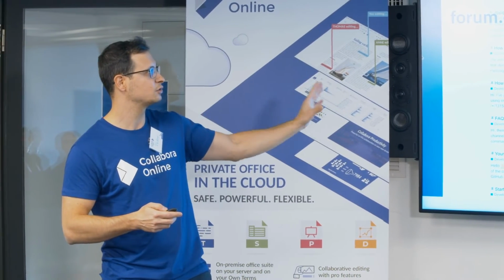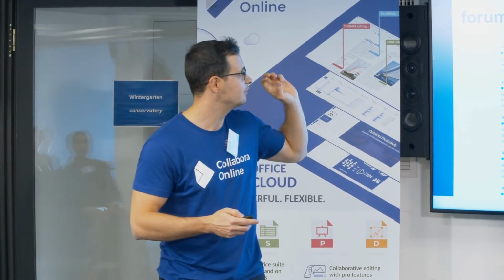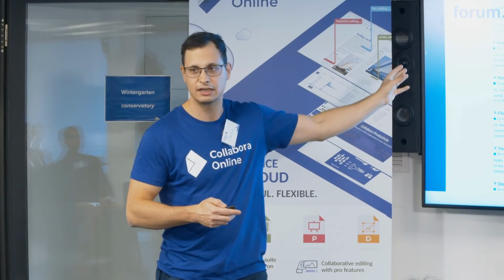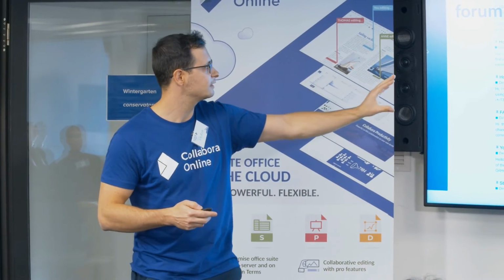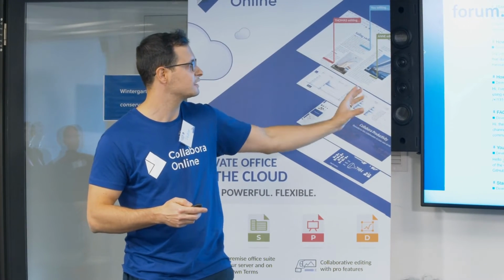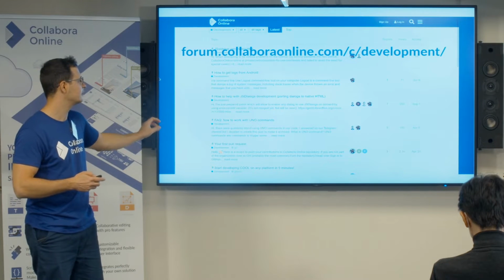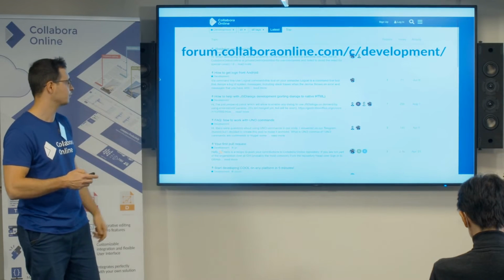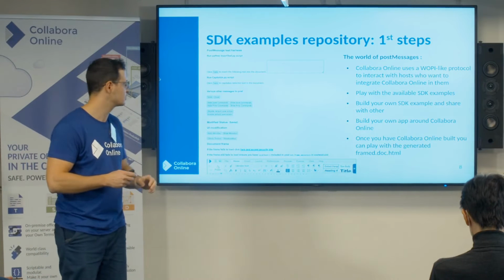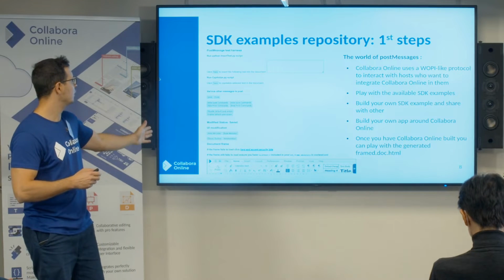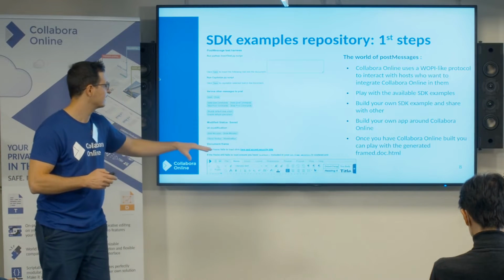The forum is also a place not to miss, because we even have a category, what they call topic development, and we have very cool tips and tricks, FAQ, the whole thing here, how to do your first pull request. So it's good to check our forum. I already talked about our SDK examples.